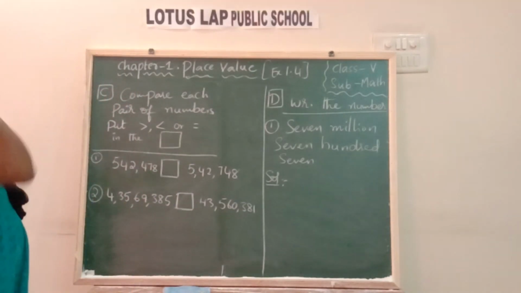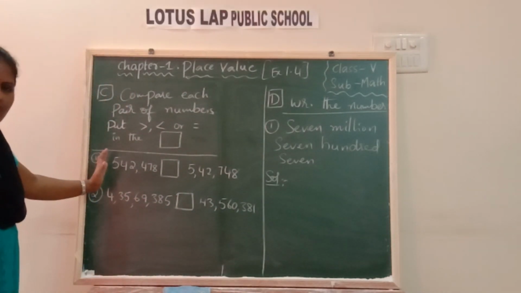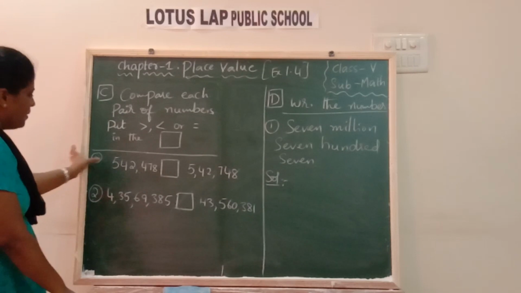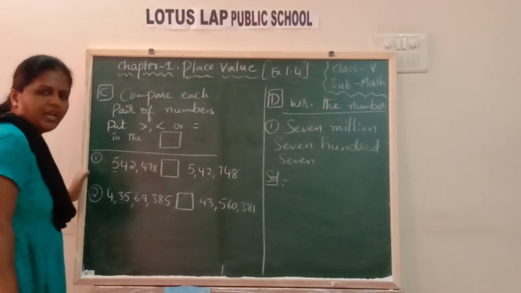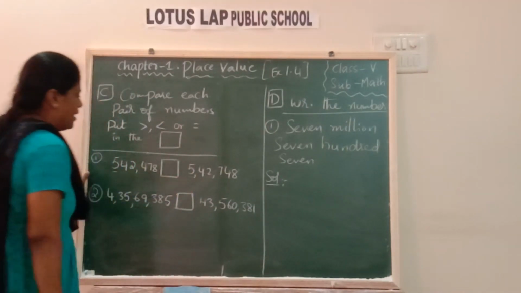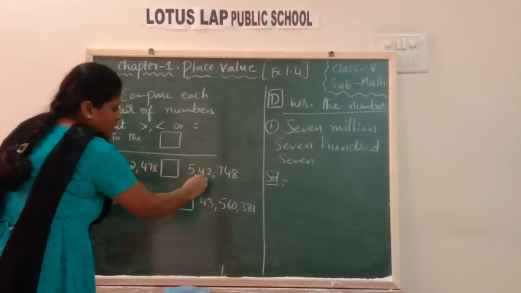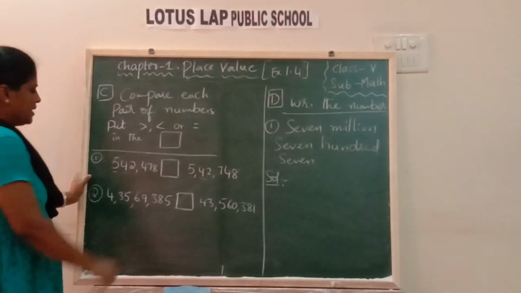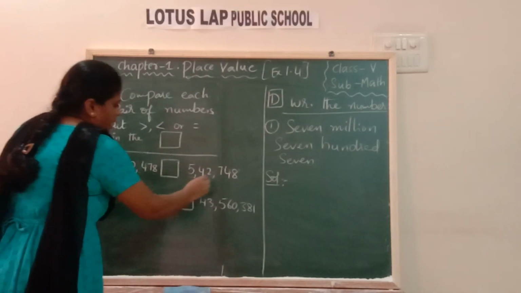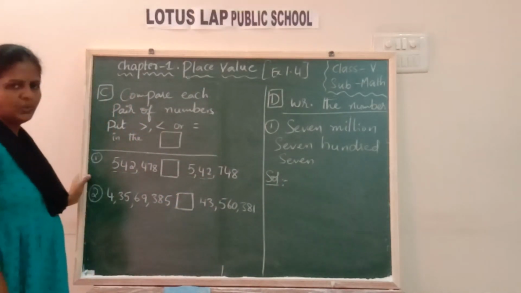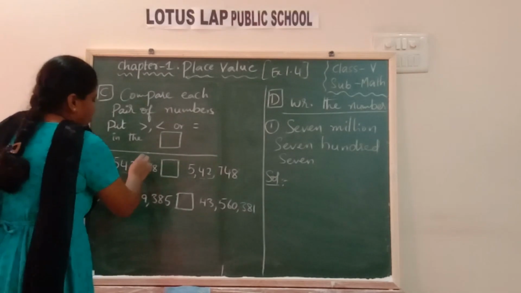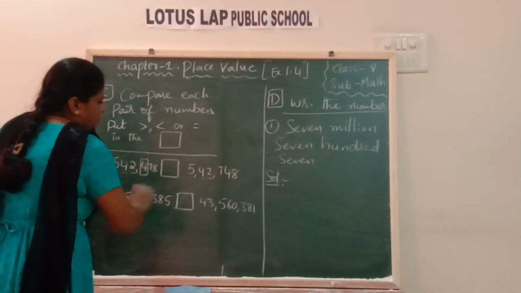Now let's start comparing from the leftmost place. Okay, leftmost place, what is here? 5. And here the other number is also having 5. Okay, next place 4. Here also I have 4. Both are equal. Next, third place 2. Yes, again here also I have 2. Okay, so then finally the fourth place, the hundreds place digit I am checking.